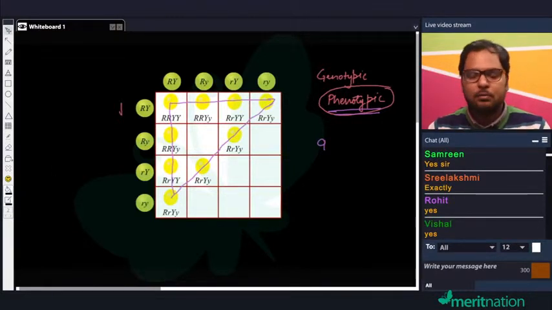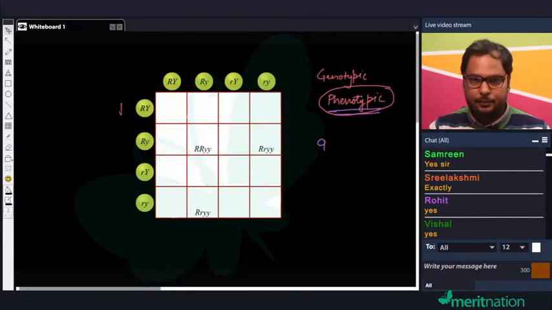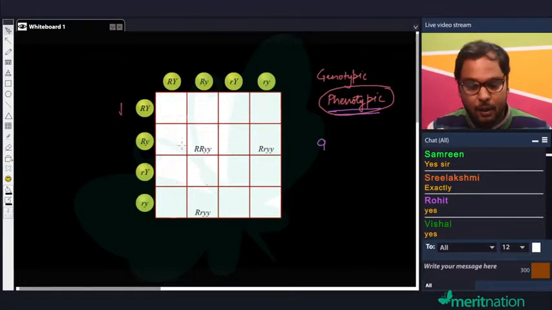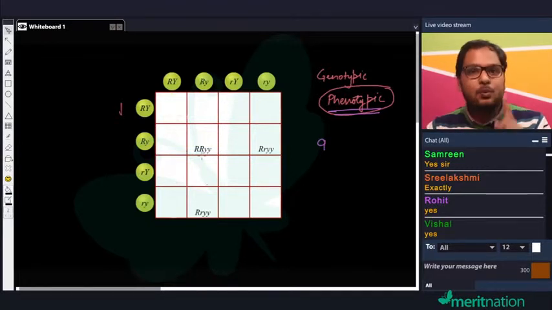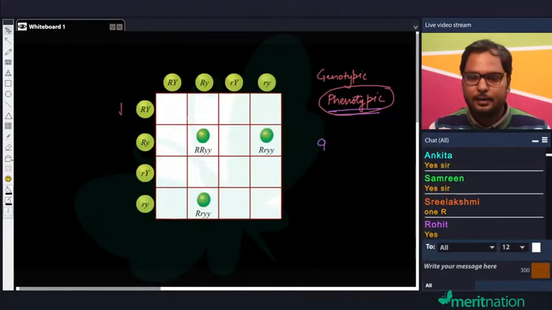Now this is round and yellow. What other things did he get at that time? Here I have selected at least one capital R and small y. So all these three places have at least one capital R and one small y. What should be the genotype here?